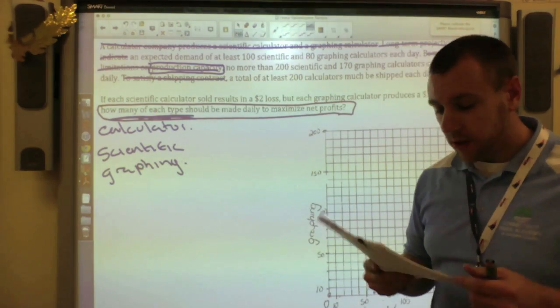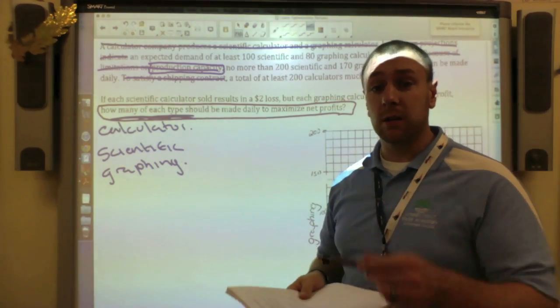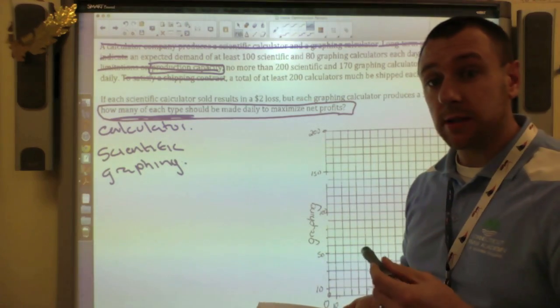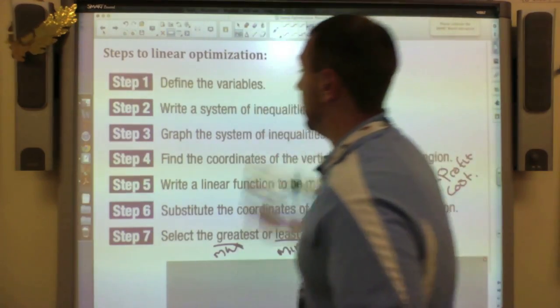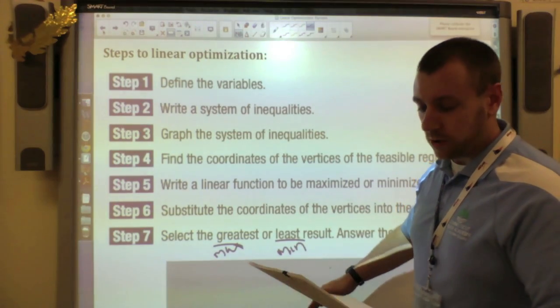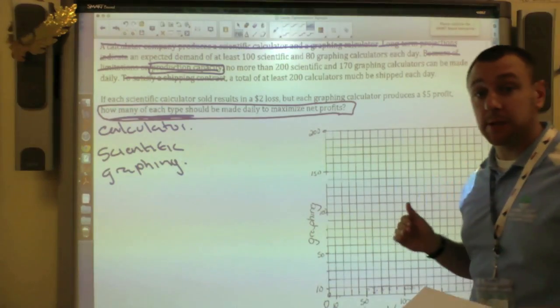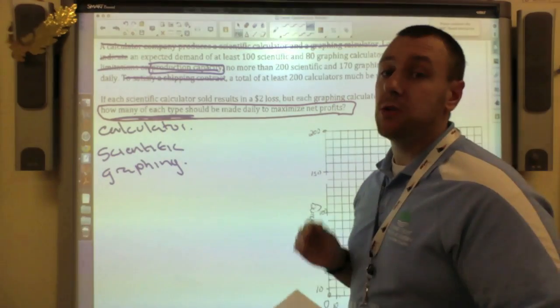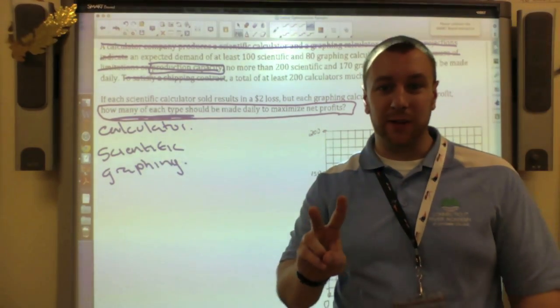Now we have to classify the problem and identify the procedure we're going to solve. We already know this is a linear optimization problem, and the procedure here is right here. So now we're going to go through those steps. The first step is to define the variables. We're talking about two things, right?